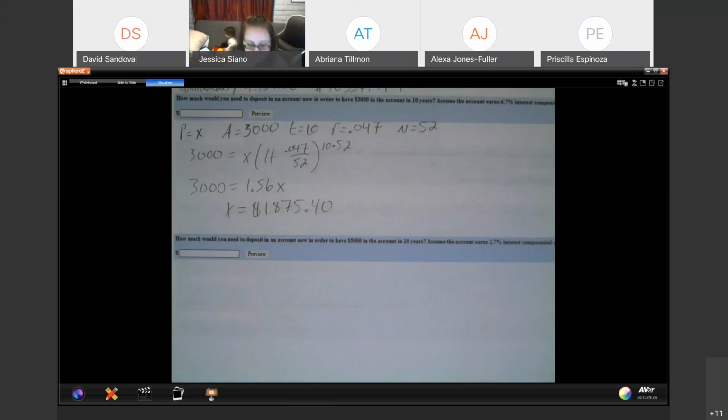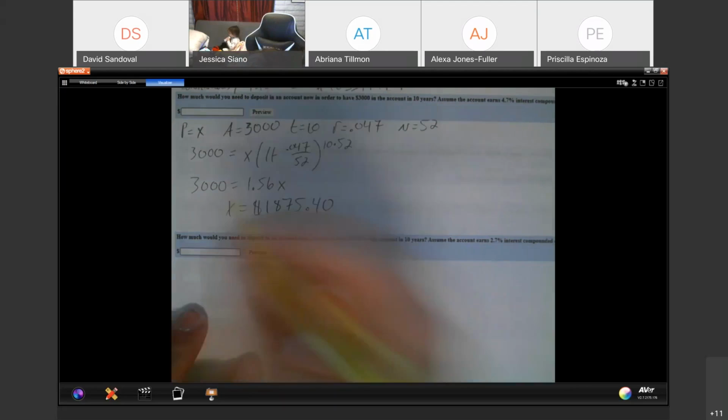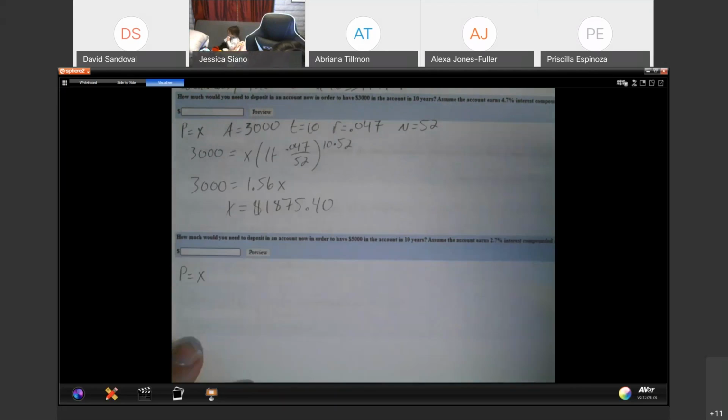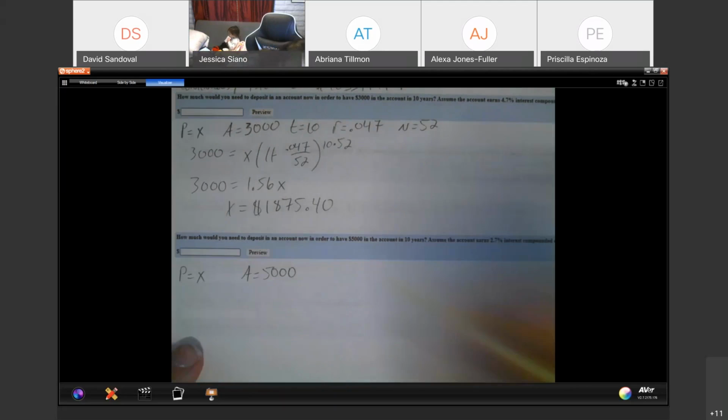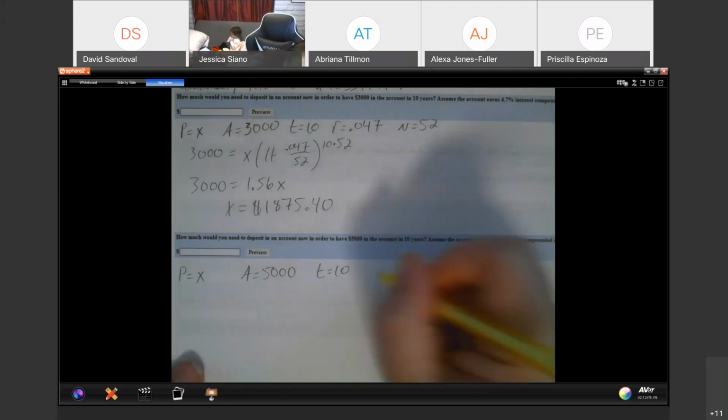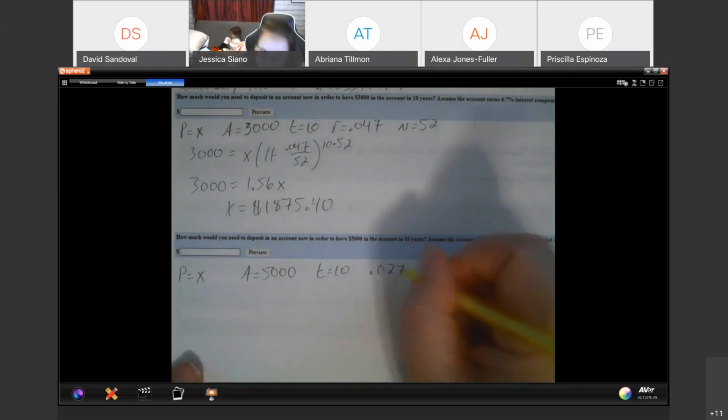How much would you need to deposit now? So this is another case where I'm looking for P, in order to have $5,000 in your account after 10 years, assuming you earn 2.7% interest compounded continuously.